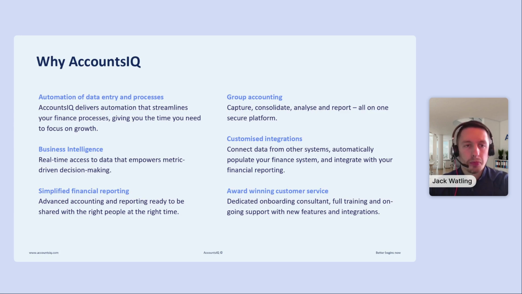Those often require different add-on tools, and it can get very complicated, but we have that all in the system here at AccountsIQ. And then we've got our business intelligence or BI codes, or analysis codes, within AccountsIQ. We can talk through them when we go through the demo, but effectively it's going to give you extra layers of analysis on top of your chart of accounts.